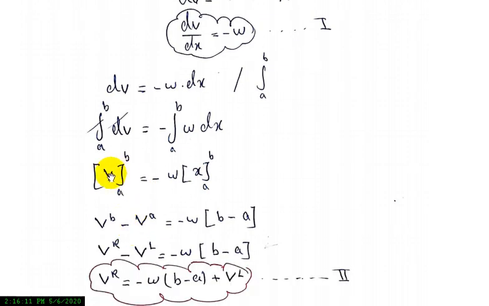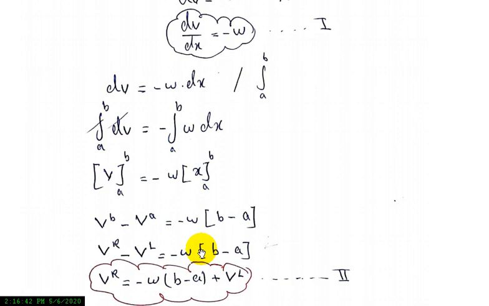According to the definite integral, we can write V_b minus V_a equals minus w, with the upper and lower limits subtracted, b minus a. Then we change the index so that V_b equals V right and V_a is called V left.